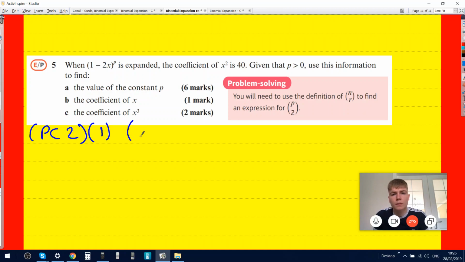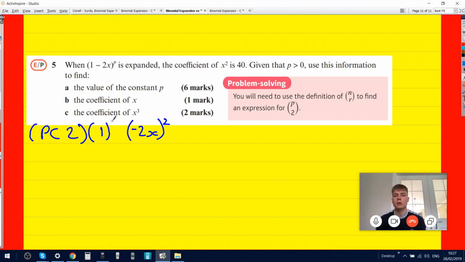So let's just do this power. So it will be this one. Minus 2x, that'd be squared. And so what did we say about the two powers? They have to add to make whatever p is. Yeah. And so what would this one then be in terms of p? p plus 2?